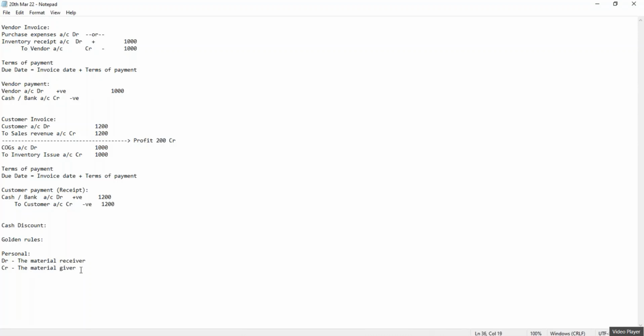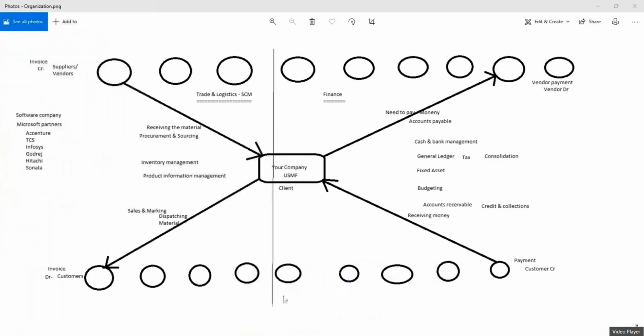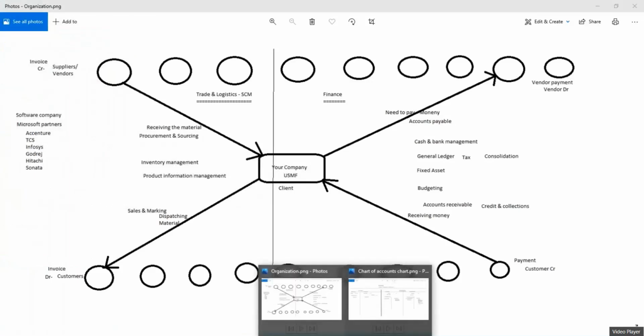If you add the small word material, then you can remember easily. Debit the receiver means the material receiver. Credit the giver means the material giver. So material is being given to my company, it is credit. The first document, the invoice: this is the material receiver. Who is receiving? The customer is receiving material. Okay. Next.